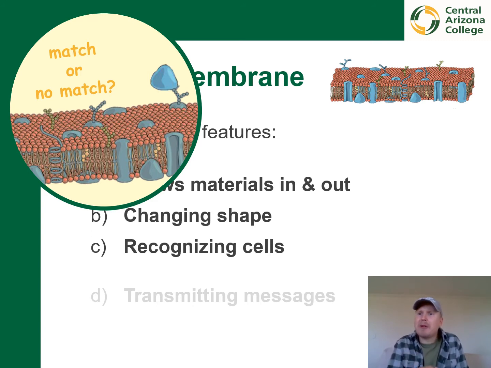For example, whether a cell that we have come in contact with is one of our own cells or an invader, a cell that does not belong to our body. For example, diseases and pathogens are recognized in this way. At the same time, this can sometimes be problematic, such as with transplant rejection.